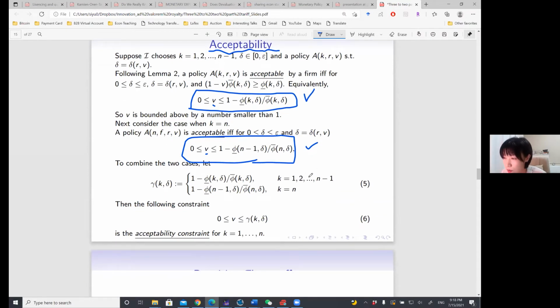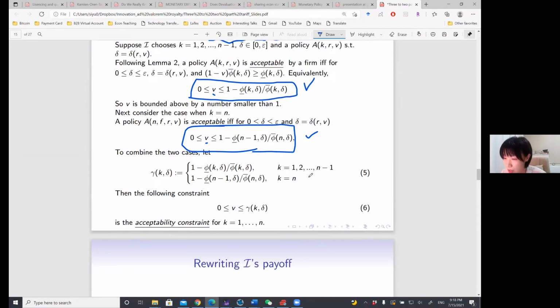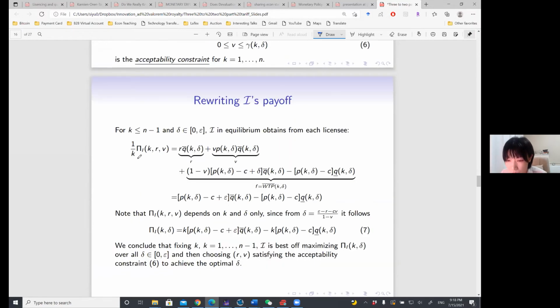And now let's move on to the innovator's problem. We rewrite the innovator's profit, the revenue. So this is how much he can extract from a single licensee. This is from R, from V, and here we plug in the fee, the willingness to pay.